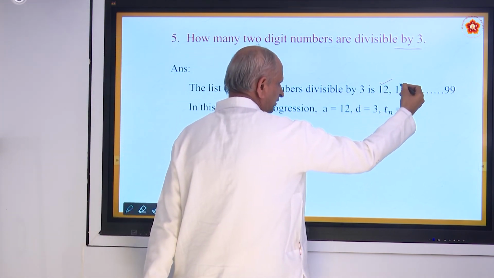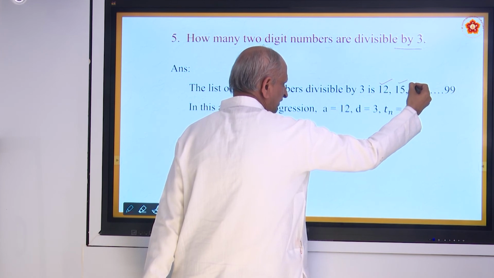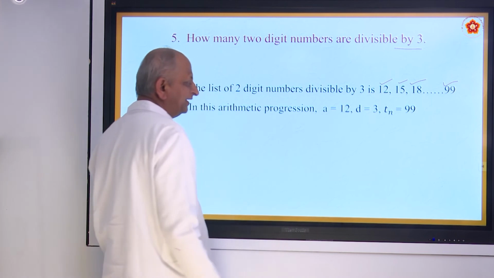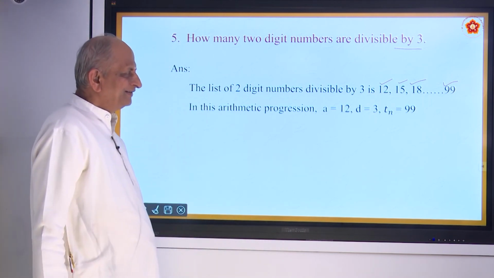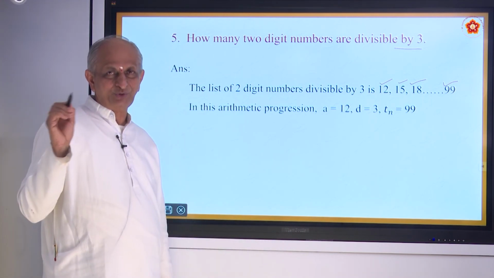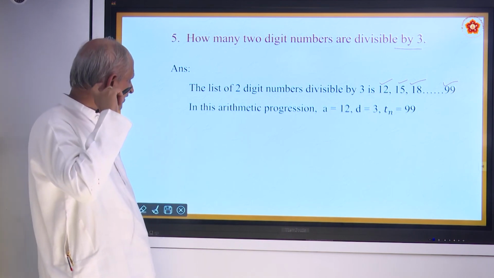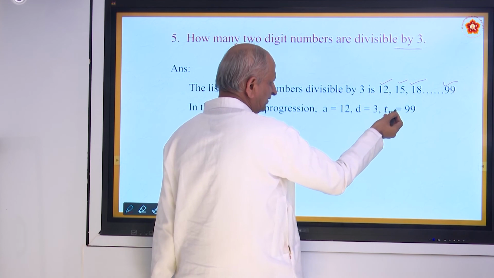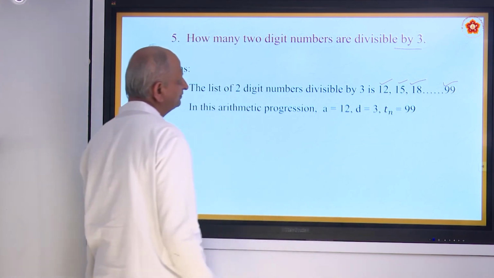Next is 12 plus 3, 15. Next is 18, like that. Last number is 99. And above that it is not there because 2 digit. So, a is equal to 12, d is equal to 3, Tn is equal to 99.